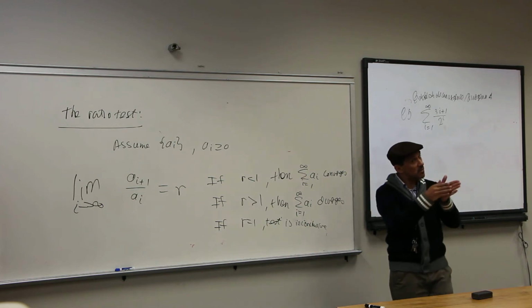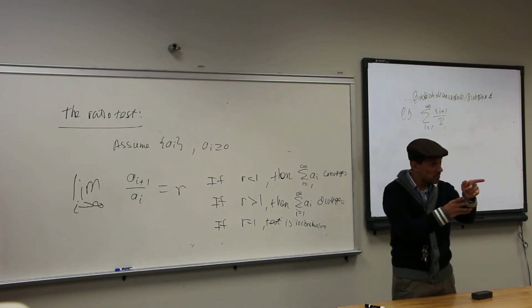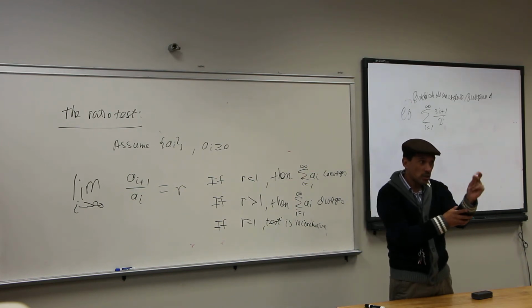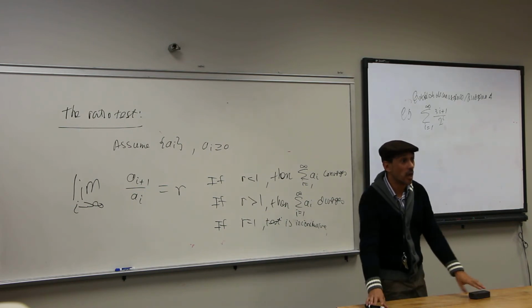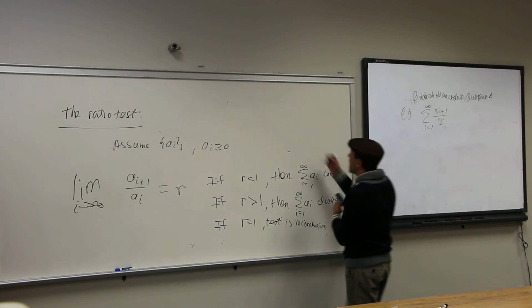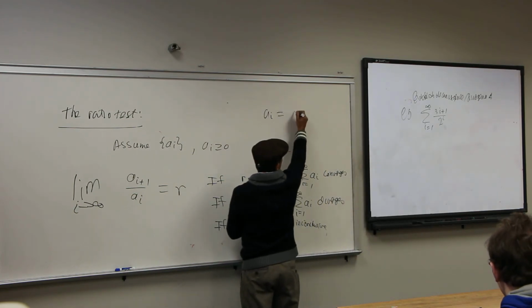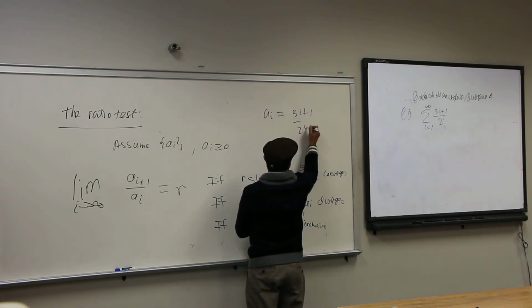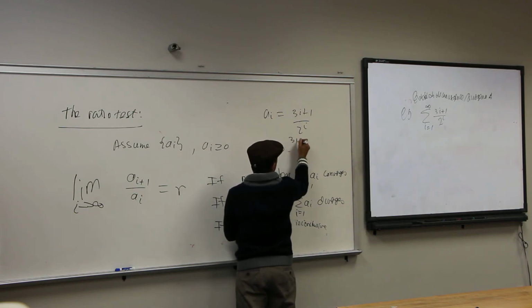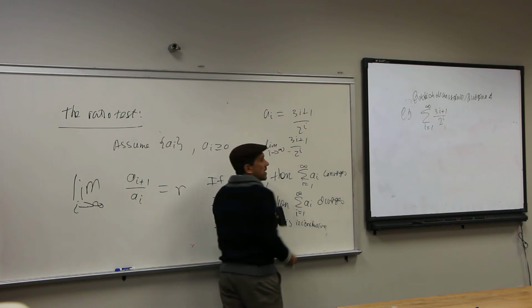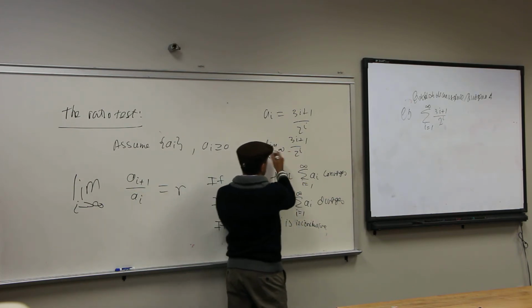So most certainly the terms are going to go to 0. You can prove it. You will have to use L'Hopital's rule. What are the a_i's? 3i plus 1 over 2 to the power i. What is the limit as i goes to infinity of 3i plus 1 over 2 to the i? Or if you want, you can change it to x.